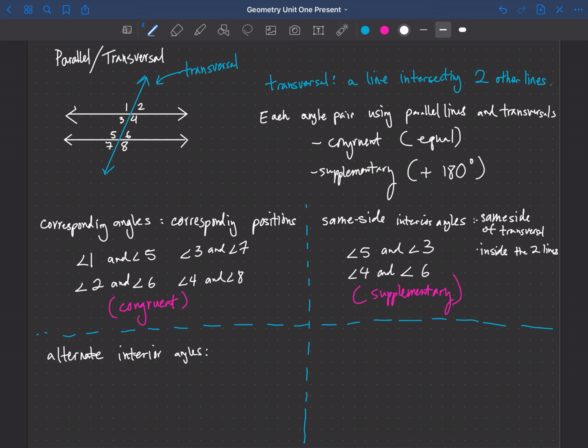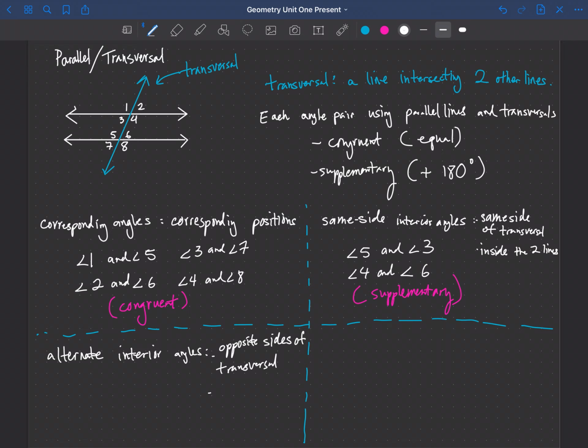So they are on opposite sides of the transversal. And then, what did I say?